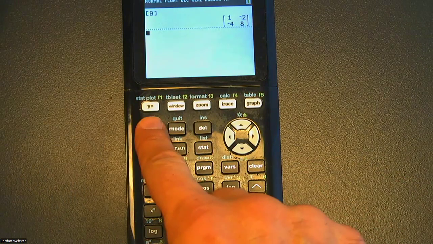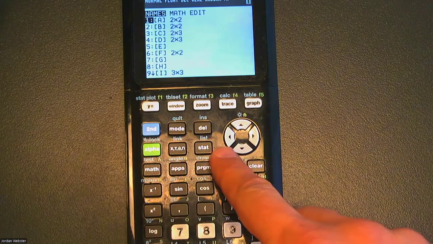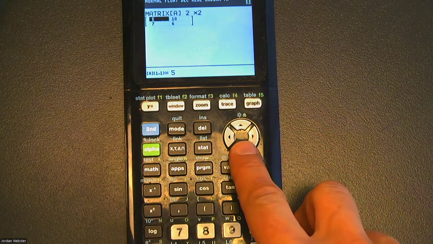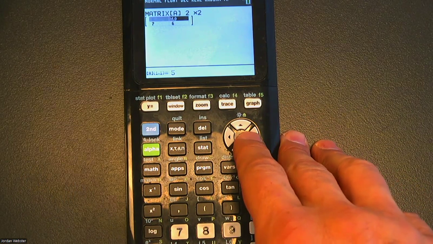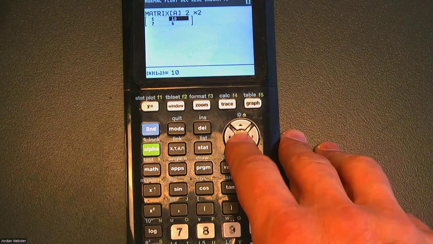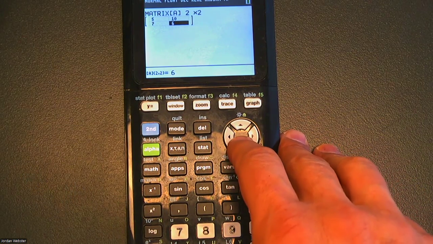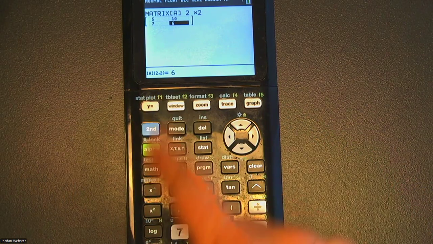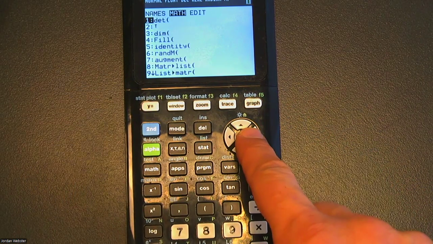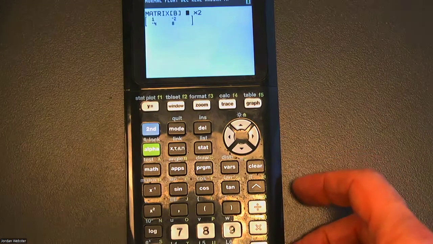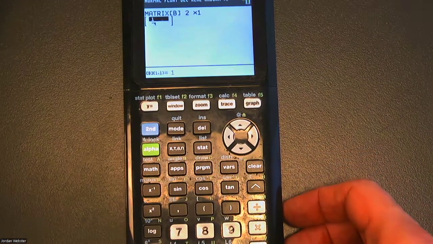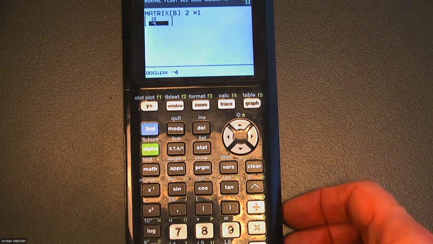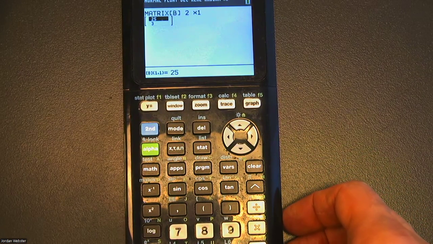But this is just calculator work. We're going to do matrix A as a 2 by 2 matrix: 5, 10, 7, 6. And then I'm going to go into matrix B. This will be my constants, 25 and 3.